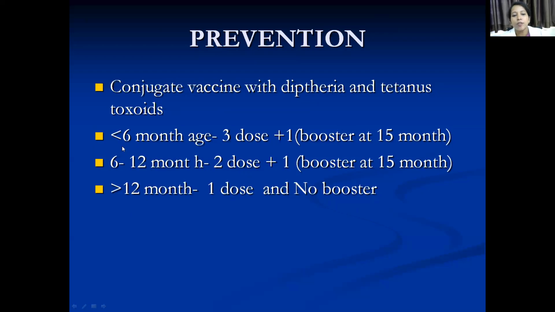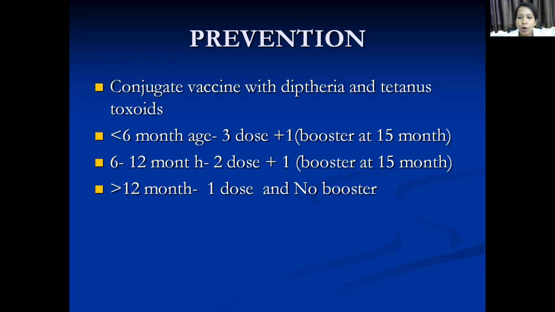If the baby is given 3 doses before 6 months, the gap between each dose should be 1 month, and the first dose should be given after 1.5 months.